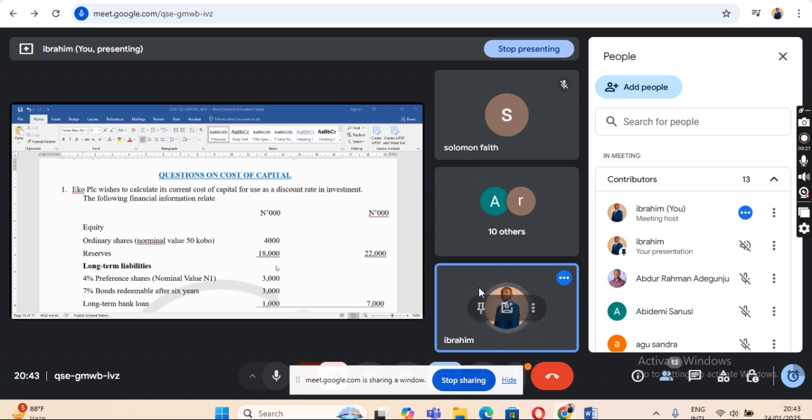Now, this is question one, adopted from ICAN as well as ACCA past questions, right? When you see a question like this under the cost of capital, even if it is not under the cost of capital, the first thing you need to do is to go and check the requirement. What did they say you should do?